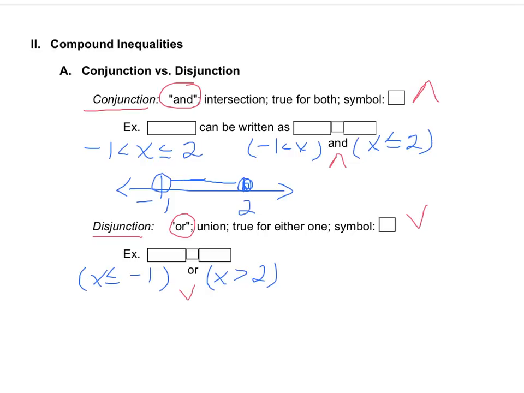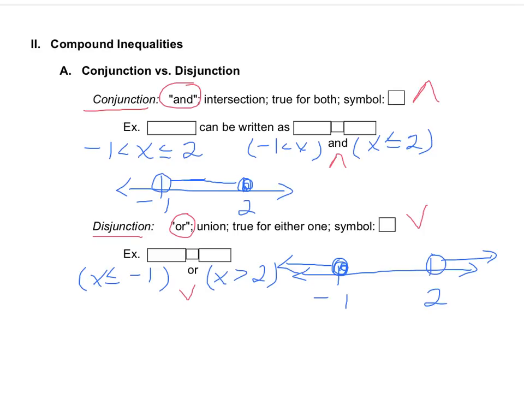Well, let's see if what I'm saying is true. If it's an or, which means my answers aren't shared in the middle, my circles should not connect. Well, let's draw this and see. The -1 is here, the +2 is here. Take a look at those inequality symbols. It's a closed circle at the -1 and an open circle at the +2. I need every x that's less than or equal to -1, which means it goes this way, and every x that's greater than 2.